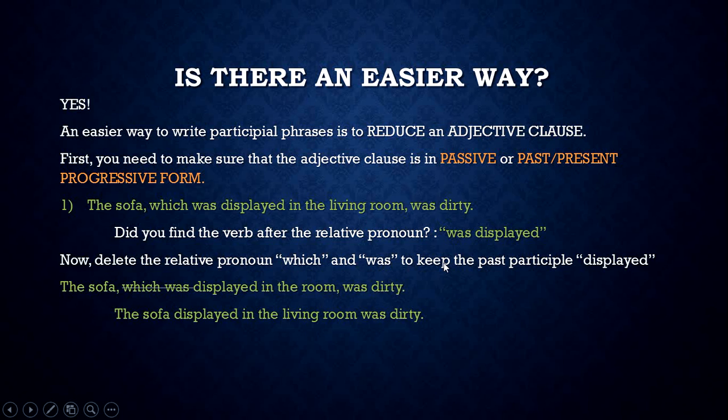And I keep only the past participle displayed. So take a look at this new sentence with a participial phrase. The sofa displayed in the room was dirty. So in this case, I just deleted these two things from a passive adjective clause, and I was able to get my participial phrase.